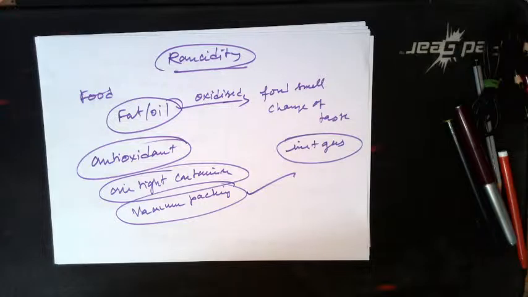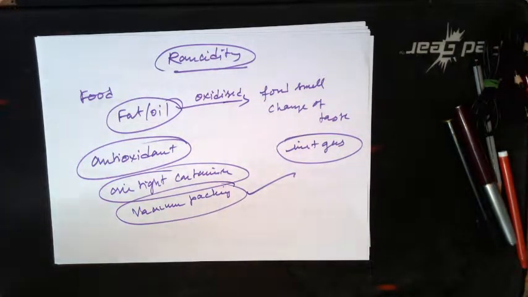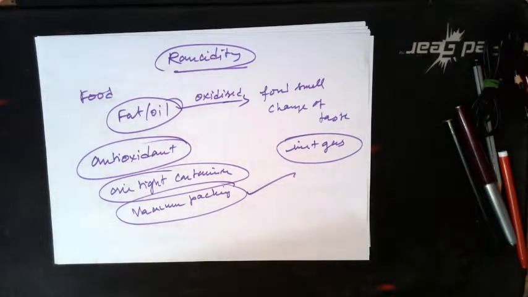Evacuation. Evacuation means removing, not only water, but air, because this air contains oxygen and water, which will definitely affect the oil. Yes. And sometimes we can prevent it chemically by introducing antioxidant.